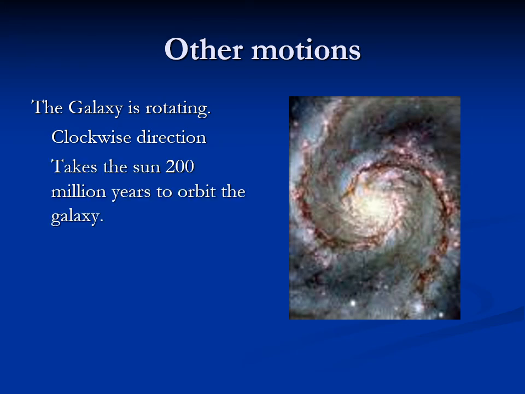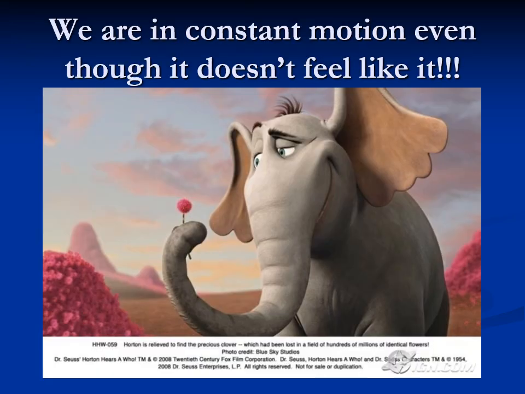It takes the sun 200 million years to orbit the galaxy, or to revolve around our galaxy, taking us with it. So yes, even though when we sit in our desks or we take a walk outside, we might not feel like we're in constant motion, but we are.